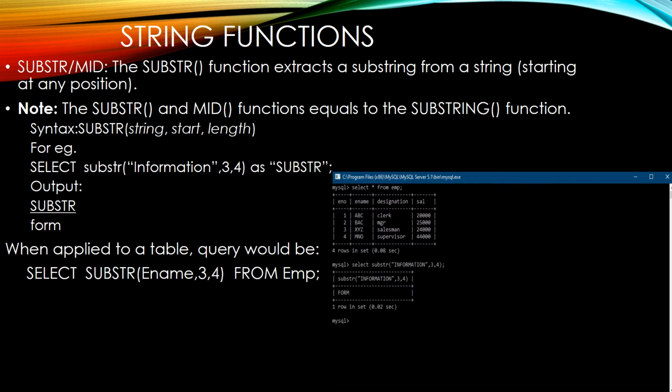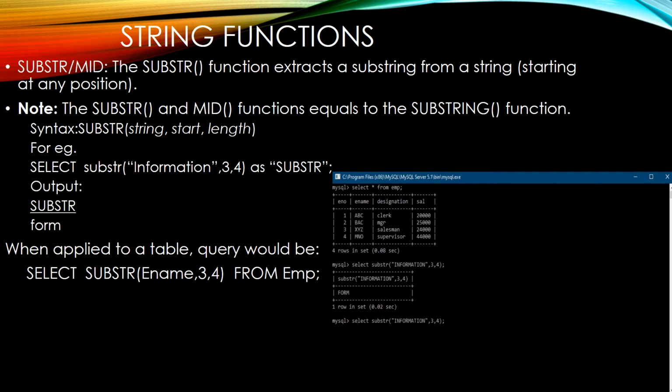Now you can check that it is extracting 4 characters from the third position. If you count the number of the position of the character, 1, 2, 3. So at third position F is there, and from here I will count 4. So in 4 characters form is there. So the output is coming as form.